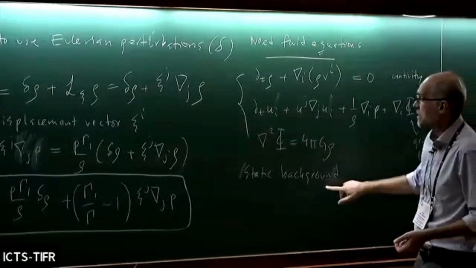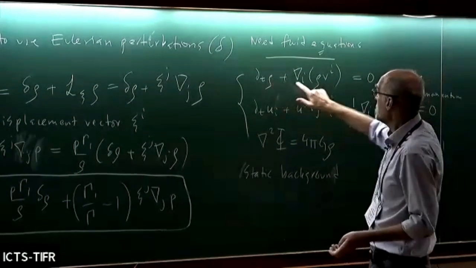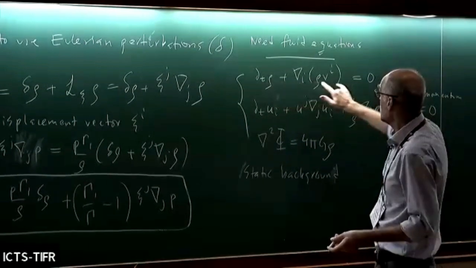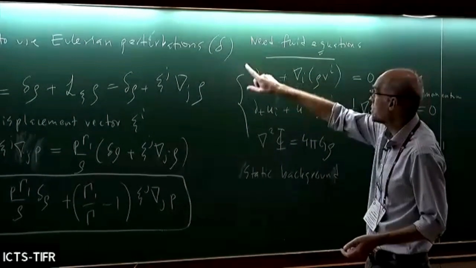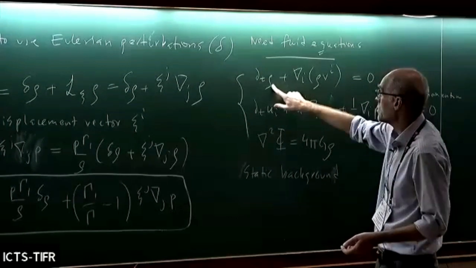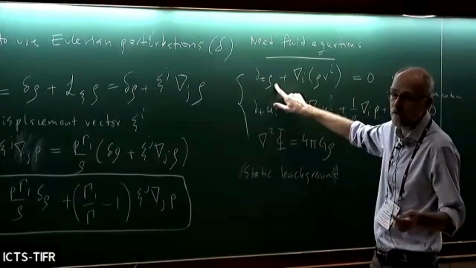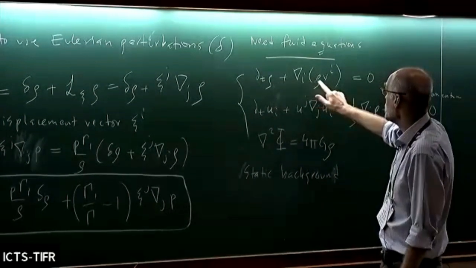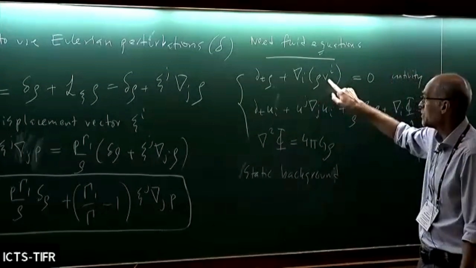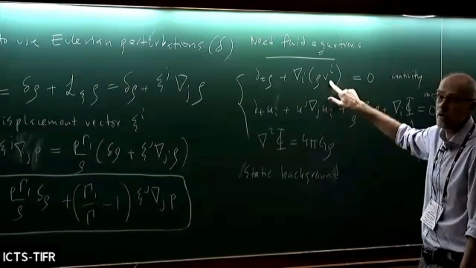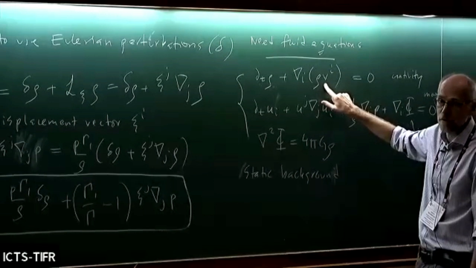If the background is static, you can just pull through the Eulerian perturbations straight through here, because it's at a point, so that goes straight through this derivative, just expand out, but this v vanishes in the background, so the only thing you can pick up is a perturbed velocity.